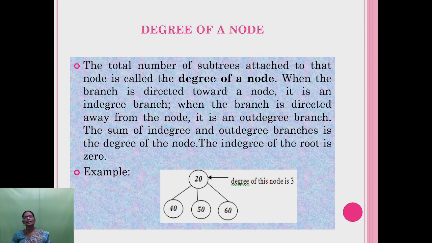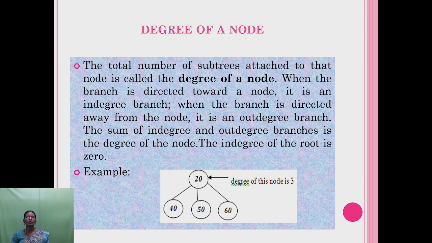Another thing is the degree of the node. Normally the flow of data coming from top to bottom is the in degree, and we reach the root node. Then coming from the root node to many branches is called the out degree. When the branch is directed towards the node, we refer to it as in degree, and when it goes away from the node, that is called the out degree.